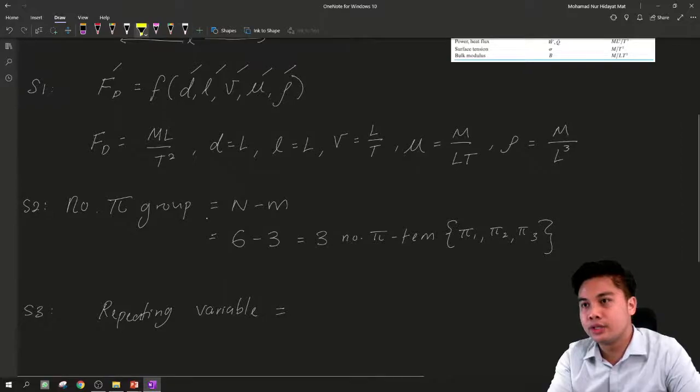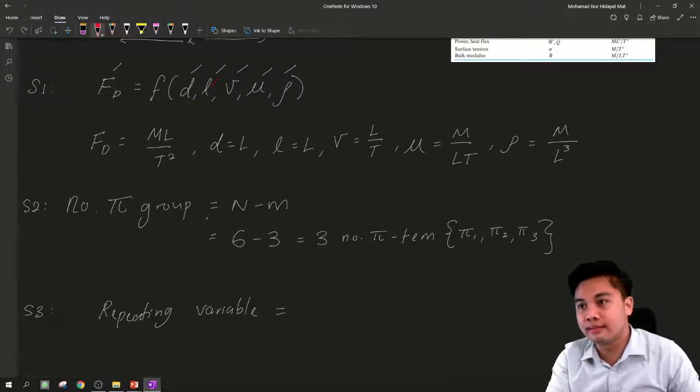We cannot use both, so we omit one. Second, the velocity: L over T. Does it have any relation with other variables, like L over T? No, we don't have another L over T. So this is unique, and velocity will be taken.